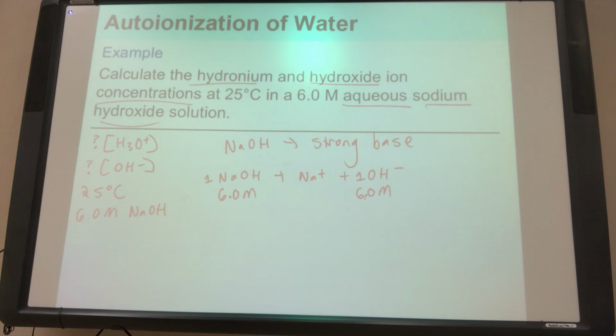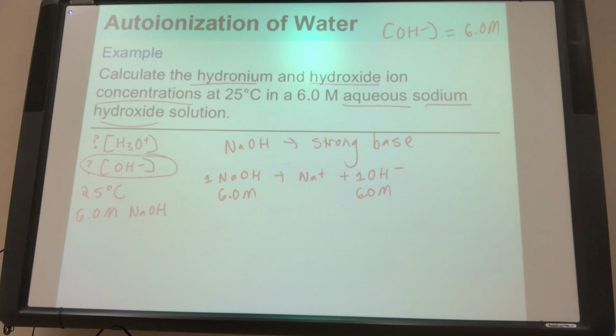So they tell me this answer in the problem. I just have to know that they told me that. So my OH- concentration is 6 molar because it's a strong base solution.